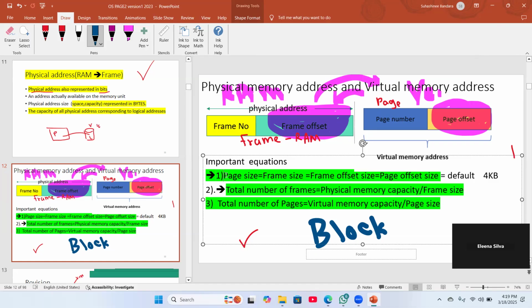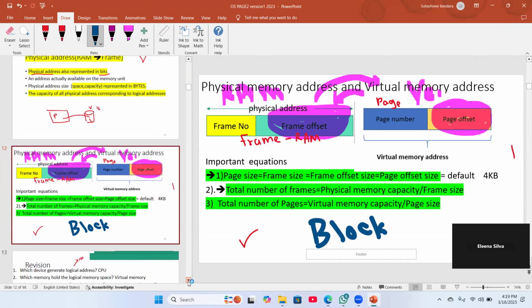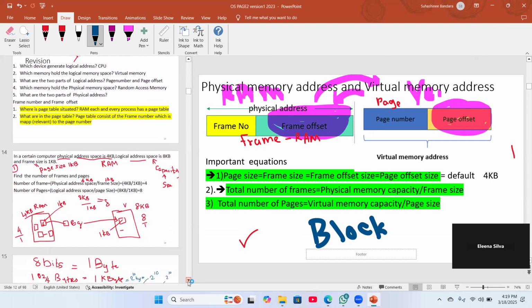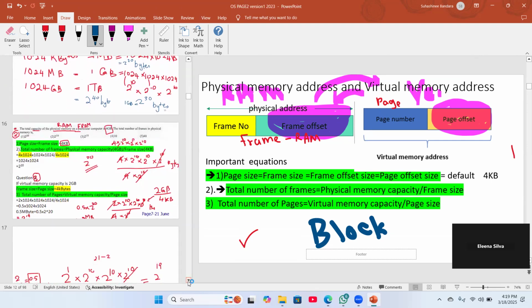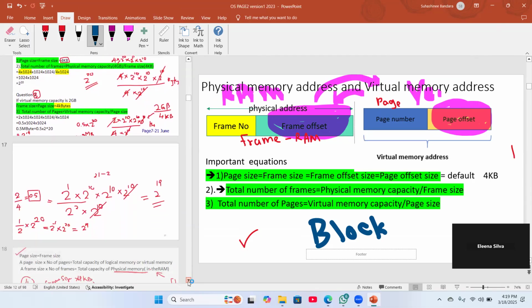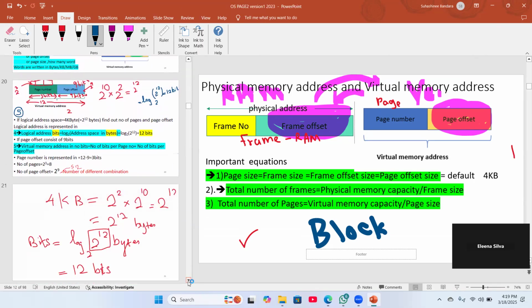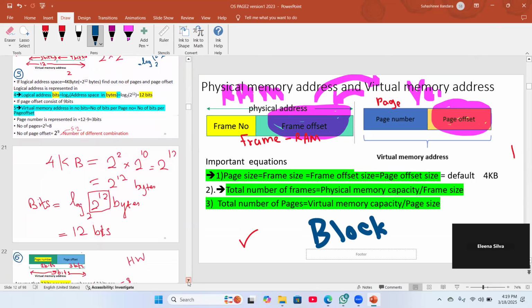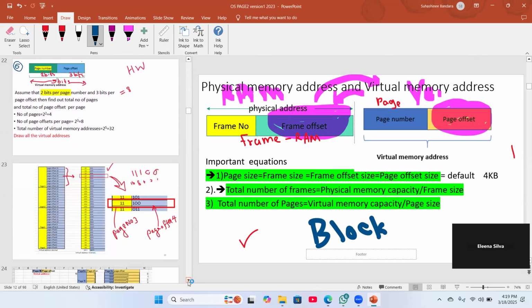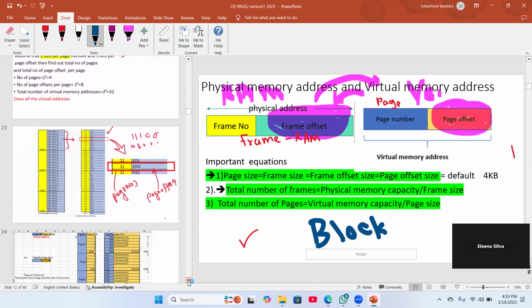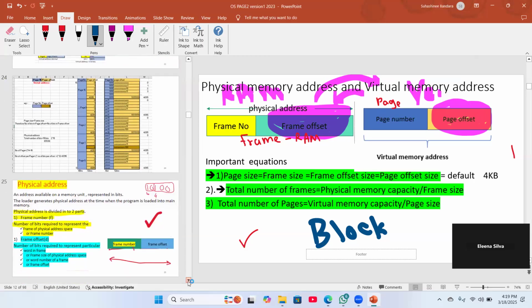Frame offset is equal to page offset. I think it is in another equation. Frame offset is equal to page offset, also given later. That means the number of bits for the page offset is equal to the number of bits for the frame offset.